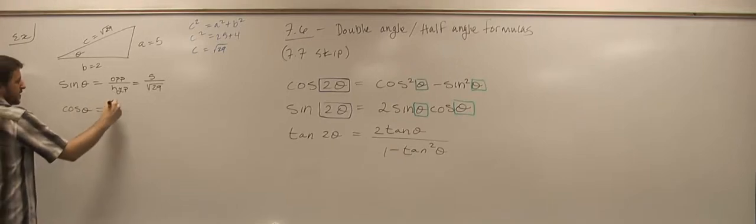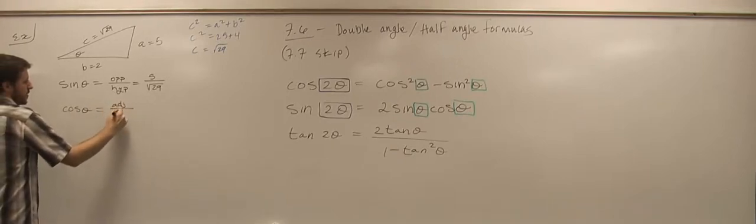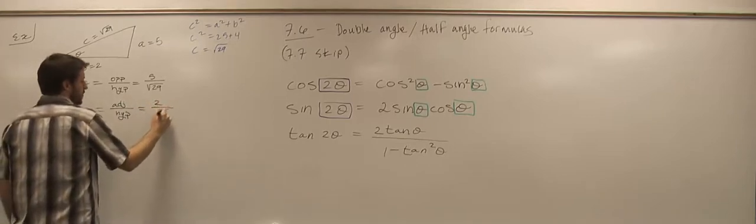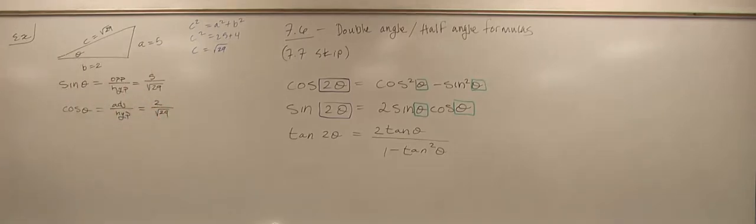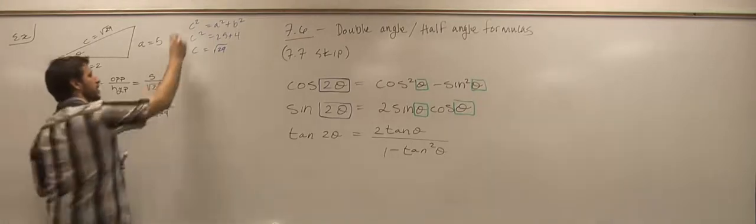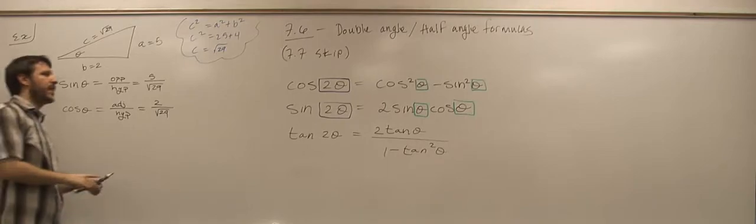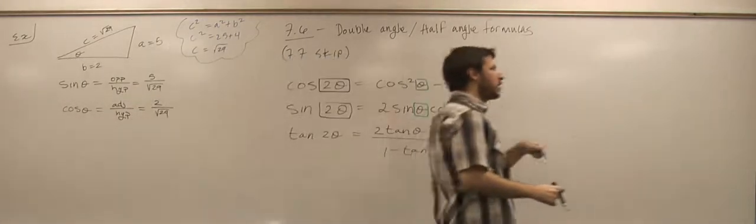Cos theta is adjacent over hypotenuse, which equals 2 over root 29. This is great. This is fine. We've been doing this. We know how to do this. I hope. Right. So the question is, how do I use this now to find sine of 2 theta, cos of 2 theta?